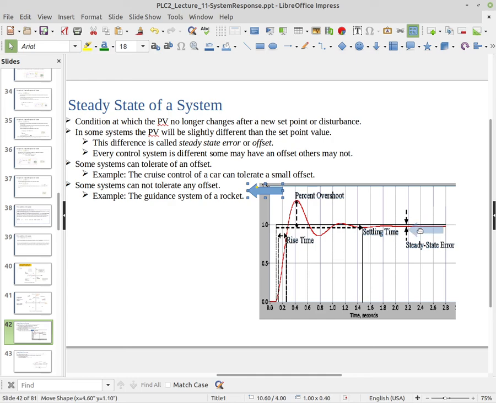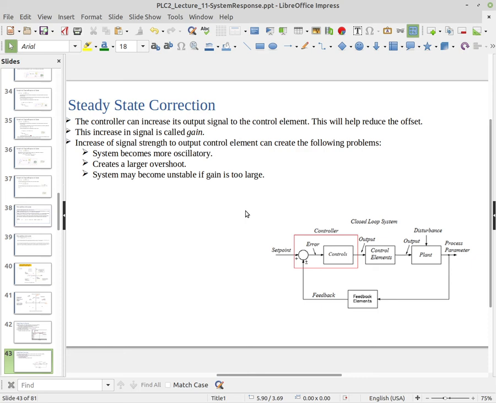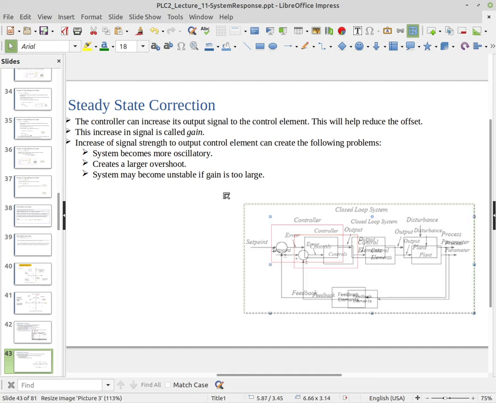What happens is when the system finally settles out and quits moving, so it reaches steady state, it's not matching our set point, and that is called steady state error. Steady state error is when the system has reached its steady state value, it's not changing, yet it's not at our set point.